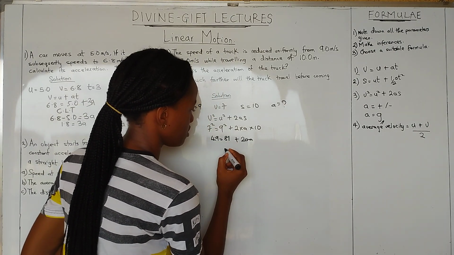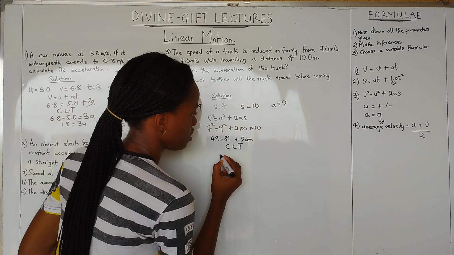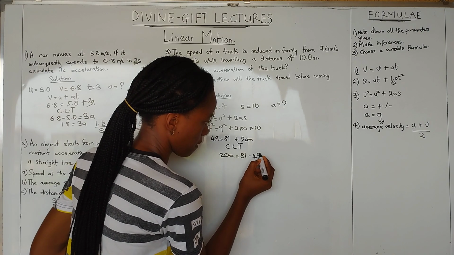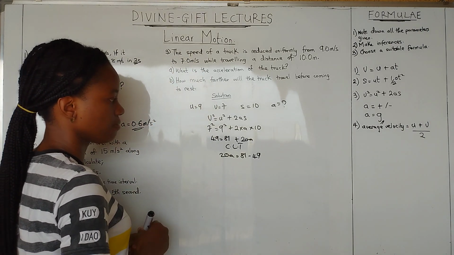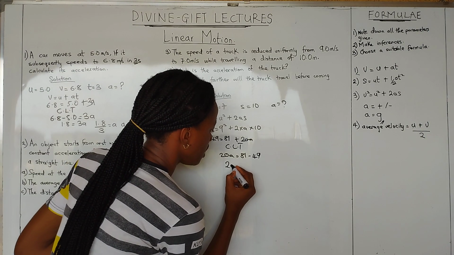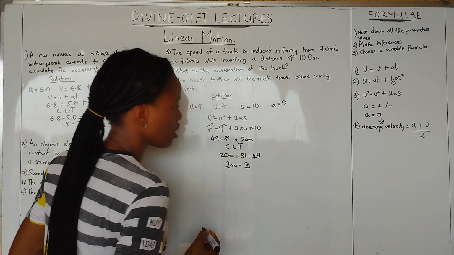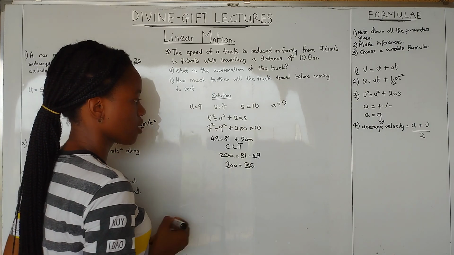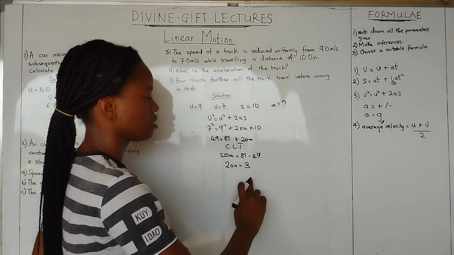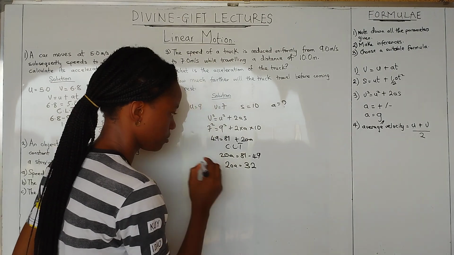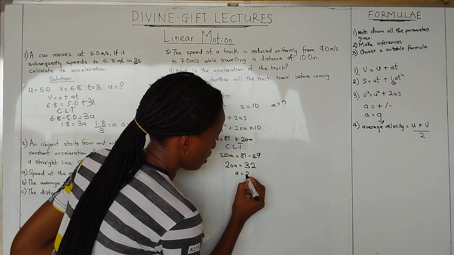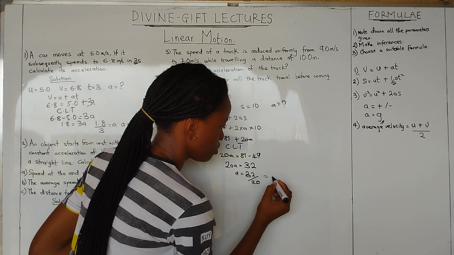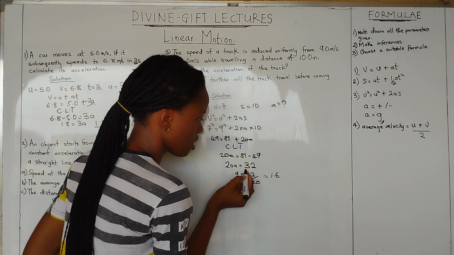Now, collect like terms, CLT, 20a is equals to 81 minus 49. 20a is equals to 36. Sorry, is equal to 32. Yes, 32. Divide both sides by 20, and this will give us 32 all over 20, and this will give us at the end of the day 1.6.